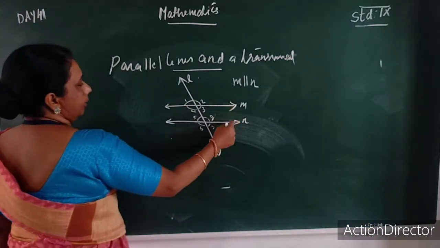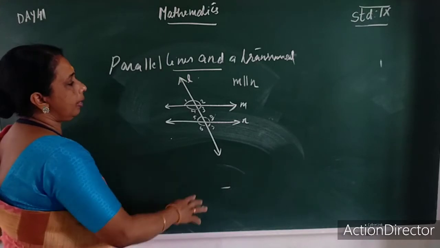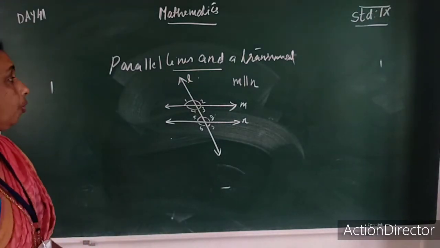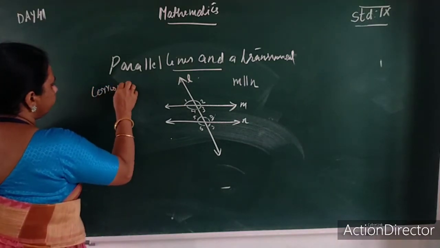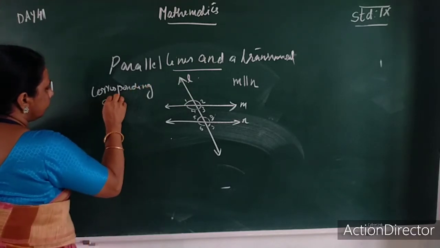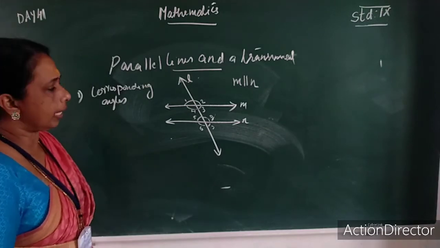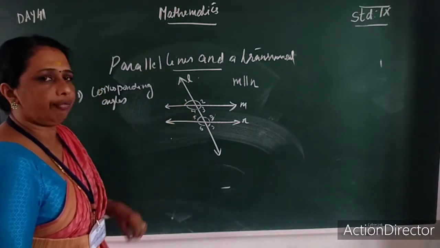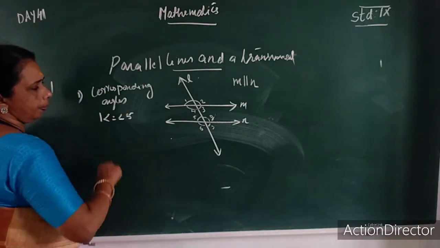If two parallel lines are intersected by a transversal, then each pair of corresponding angles are equal. You know which are the corresponding angles here? Angle 1 and angle 5. One pair. That is angle 1 is equal to angle 5.